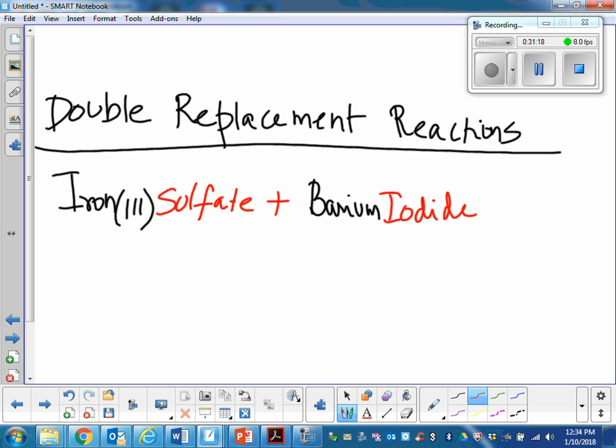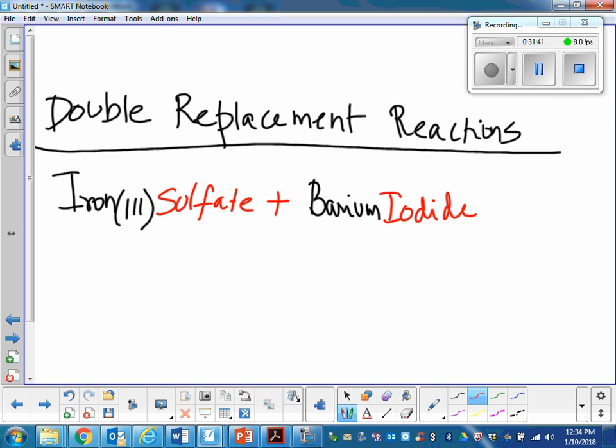This is a double replacement reaction. Are you identifying the metal and the non-metal or the male and the female? Remember, you cannot put two metals together or two non-metals together. This is like going on a double date, right? And then the partners switch.